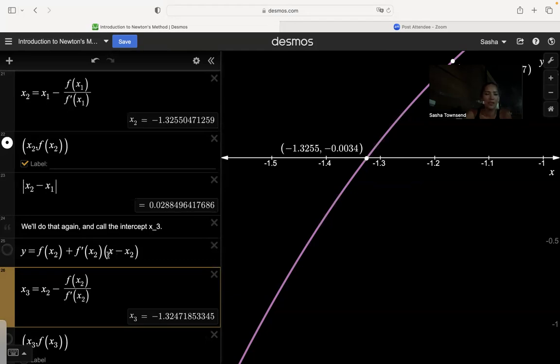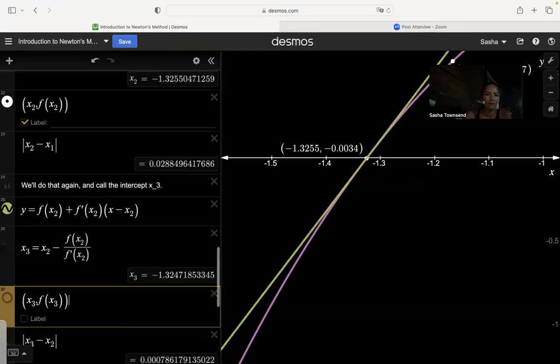And then we'll call this x value x3. That's the next x value we're looking for, and we'll set y equal to 0 and solve for that x value. So we subtract f of x2 from both sides, divide by f prime of x2, and then add x2 to both sides. So we'll have x3 equals x2 minus f of x2 divided by f prime of x2. And this is what we get.